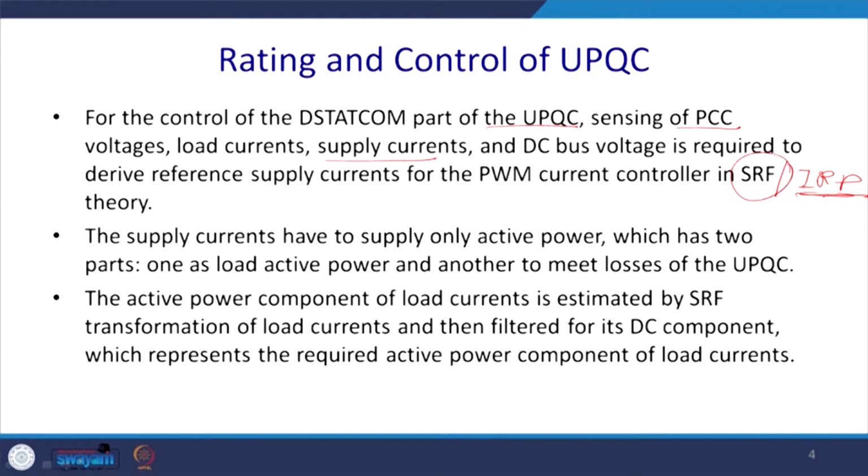The supply current has to supply the active power, which has two parts. One part is the load active power. Another part is that, of course, all those elements are non-ideal: inductors and capacitors carry series resistances.